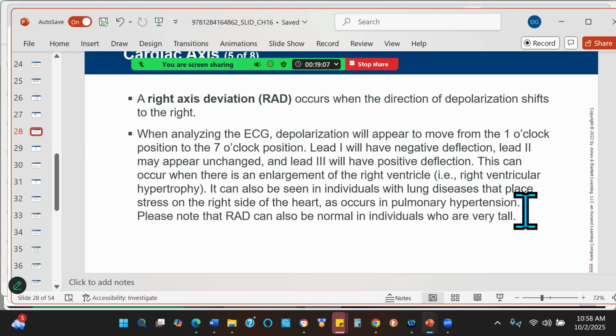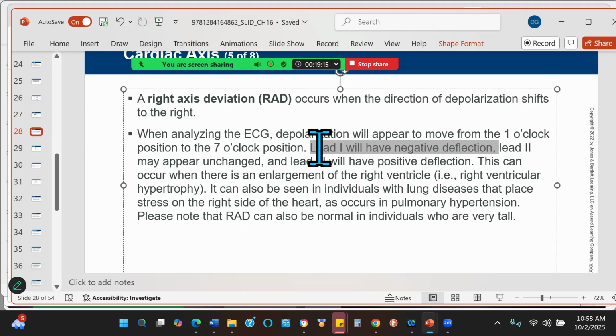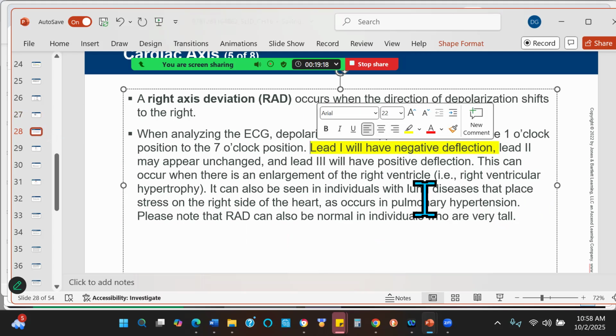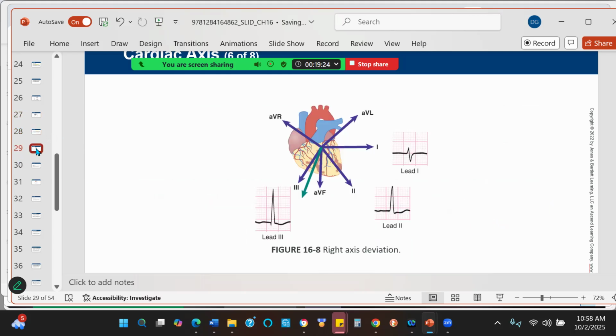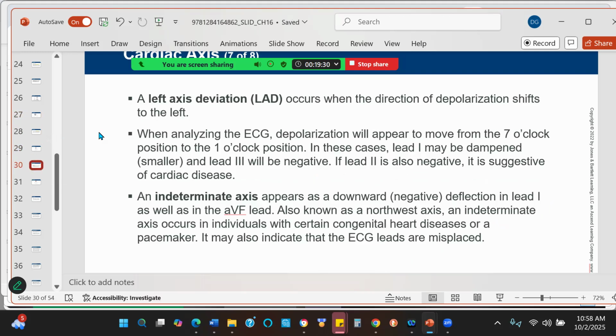Right axis deviation, you will see lead 1 upright, lead 1 downward, negative deflection. So that's a right axis deviation. If you see a left axis deviation, which I'm going to guess is the very next slide, there's your right axis deviation where lead 1 is downward. A left axis deviation, it is AVF.